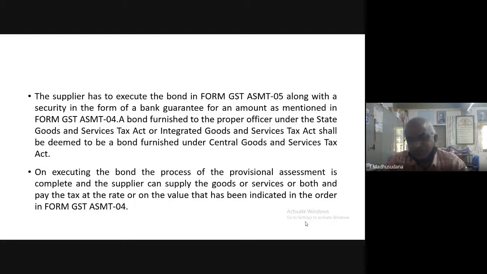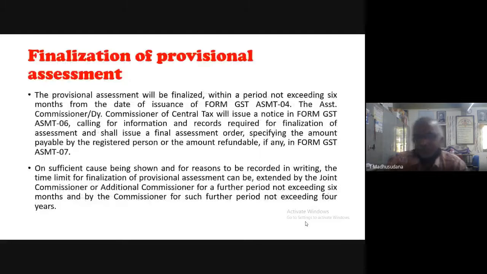So after execution of the bond, the supplier will pay the tax at the rate set by the GST officers in the form. Accordingly, the tax will be paid by the supplier and the goods and services will be supplied. So this is the provisional assessment.